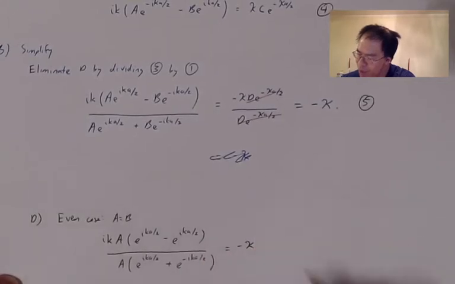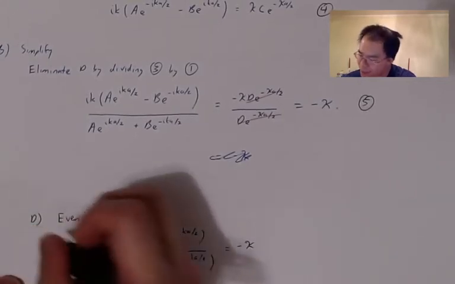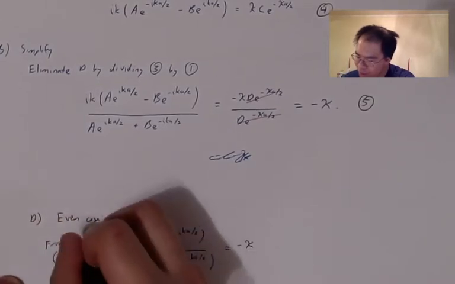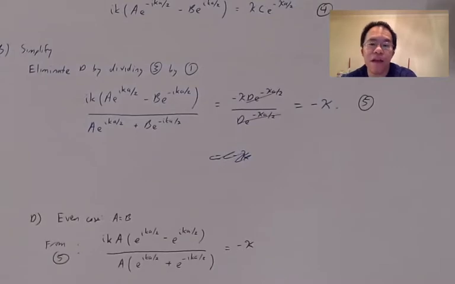This all equals minus kappa, from equation 5. It turns out you'll get exactly the same thing if you use equation 6 instead, so it doesn't matter which one you pick.